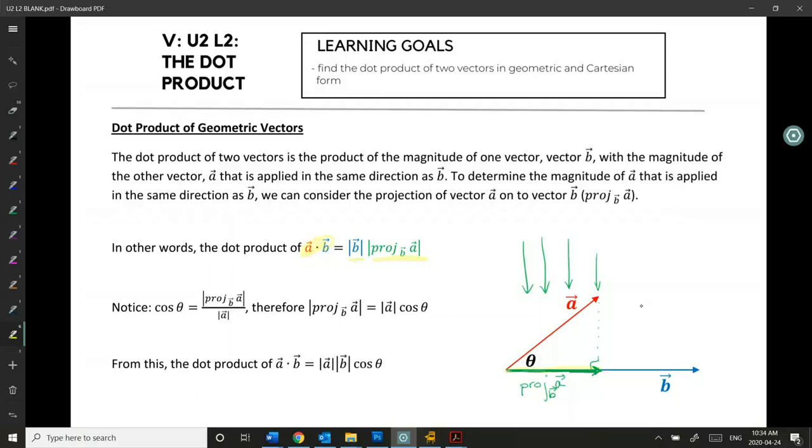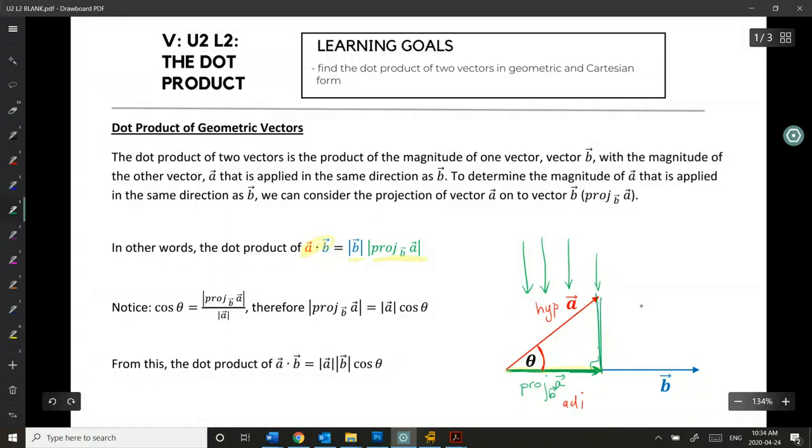We're going to notice here that if we use the angle theta between vector A and vector B, this is the adjacent side, and the magnitude of vector A can be our hypotenuse. So cos theta would be adjacent over hypotenuse in this triangle.